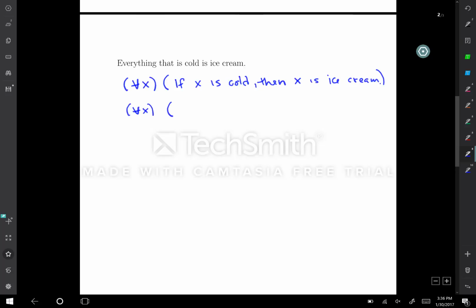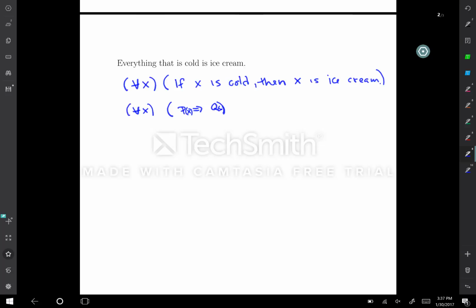Which we can further break down to, for all X, P of X implies Q of X. Now, we're interested in the negation of this statement.